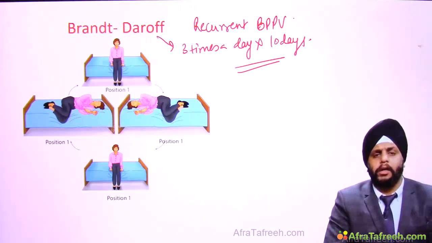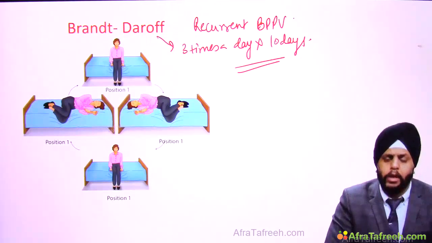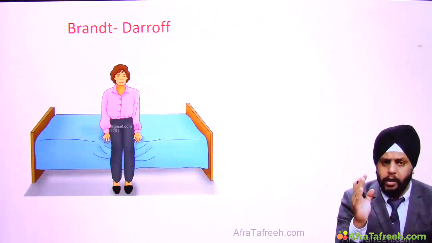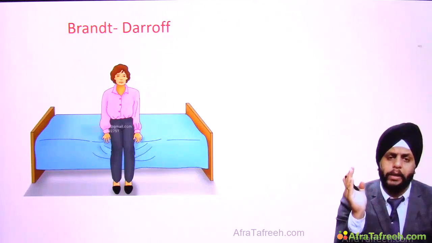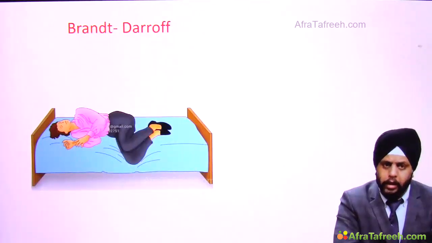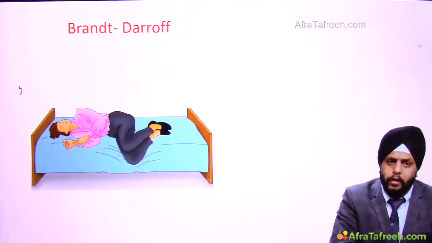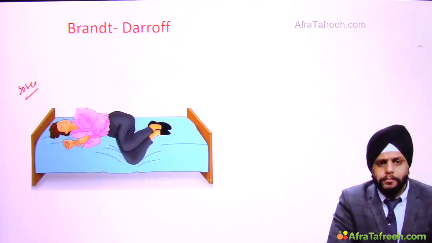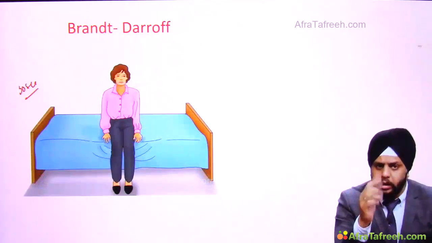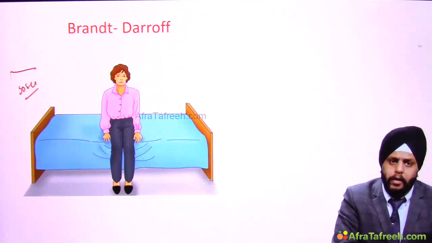Now, what is done in Brandt-Daroff exercises? They are very simple. You ask the patient to sit on a bed, and then the patient lies down on the side that is affected. Here the patient will spend 30 seconds. After 30 seconds, the patient comes back to the sitting position, again spends 30 seconds.